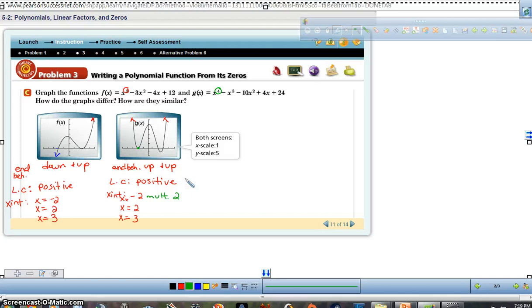So even though it has the same x-intercepts, the second graph g of x has a multiplicity. Very interesting. On your writing prompt that you will be doing either Monday or Tuesday before Thanksgiving, I will ask you to do something very similar to this example. So I would maybe star this and go back and see how you compare and contrast those.